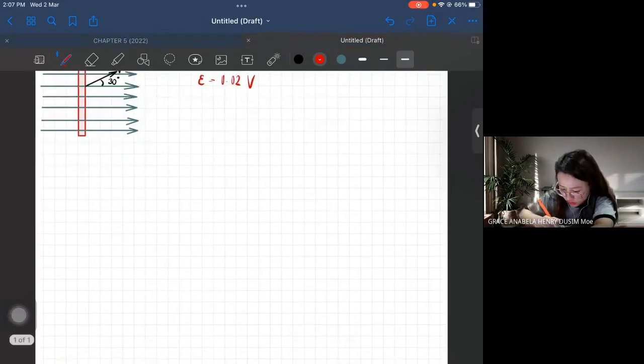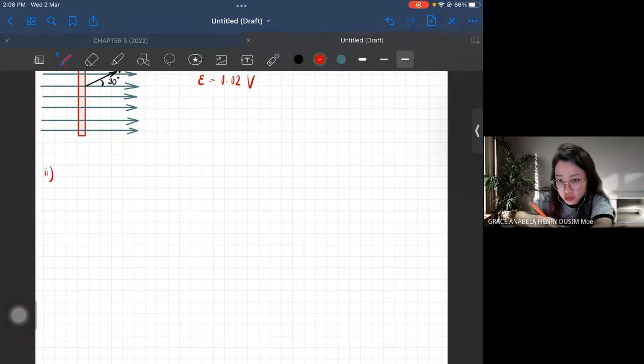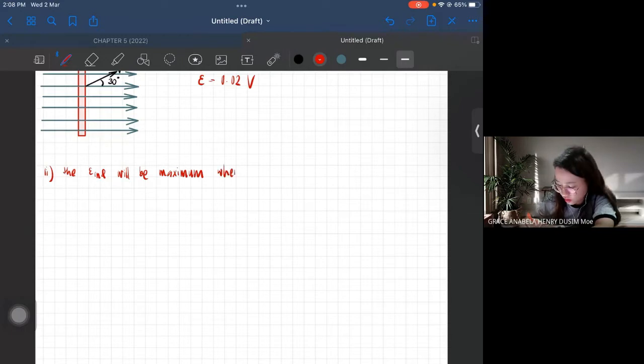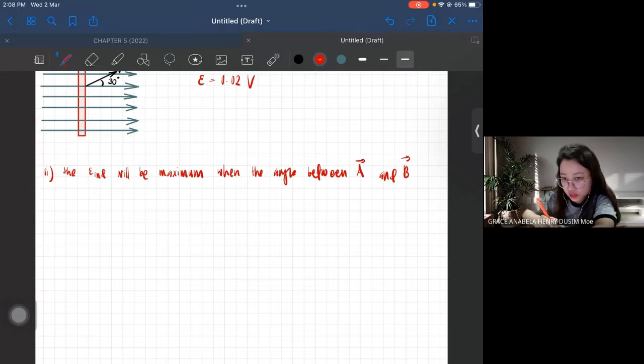Kalau Miss tulis di Roman 2. Okay. So, Miss akan tulis the induced EMF will be maximum when the angle between vector area and B is at 90 degree.